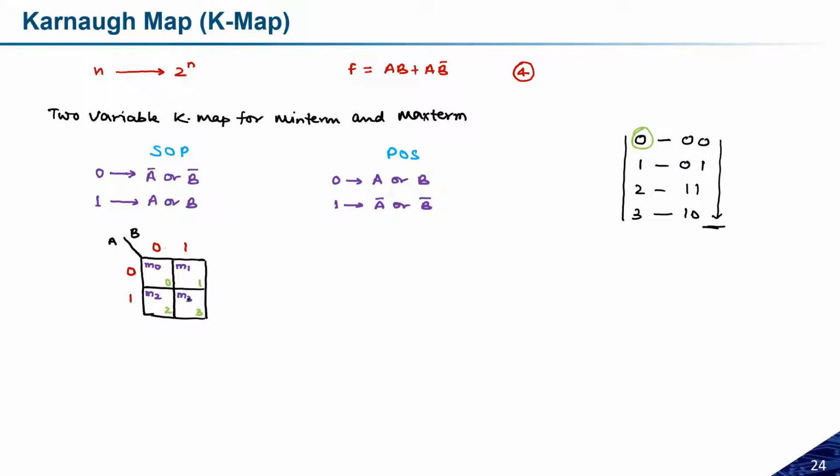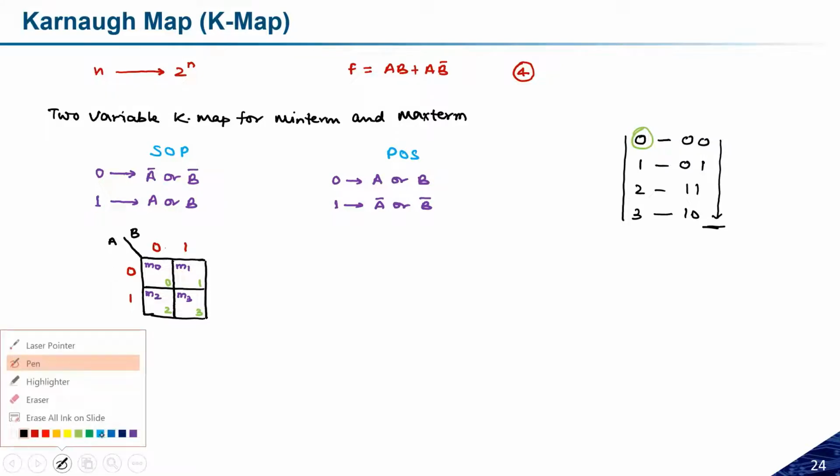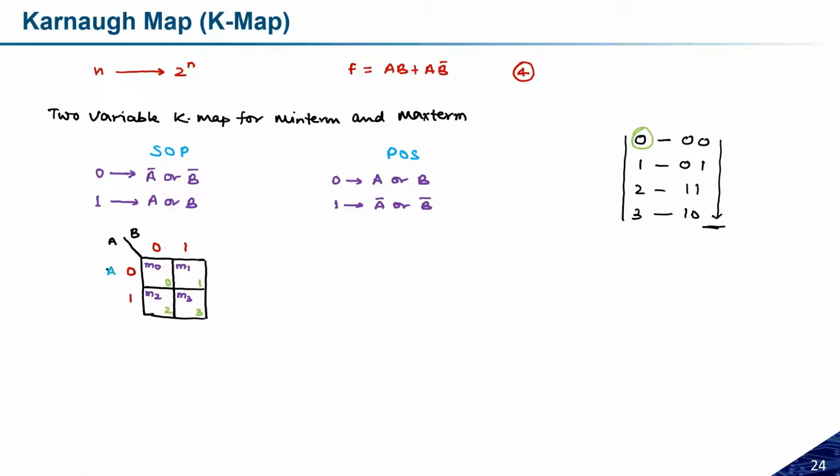This is how we represent the minterms in the K map. If you see clearly, this indicates A bar, this indicates A, this indicates B bar, and this indicates B. These are some of the representations.